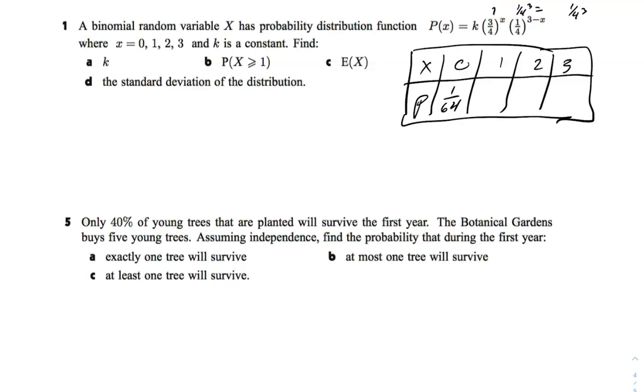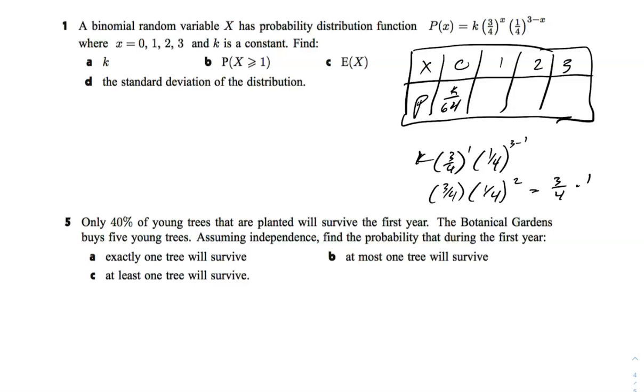If I plug in 1, I get k times 3/4 times (1/4) to the 3 minus 1. I think I realized how long this one was going to be when I put it on the worksheet. So I get 3/4 times 1/16, so I get 3/64. So it's 3k over 64.